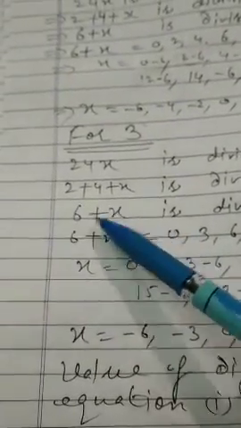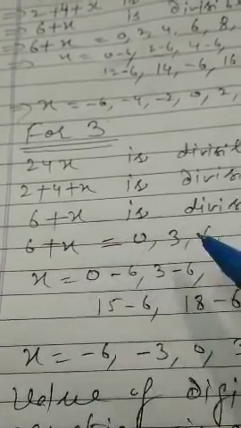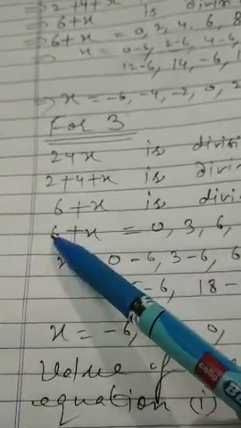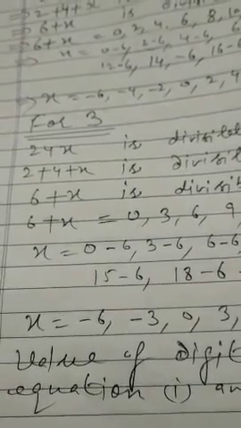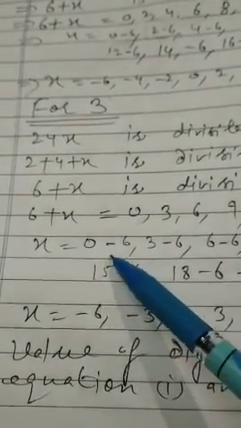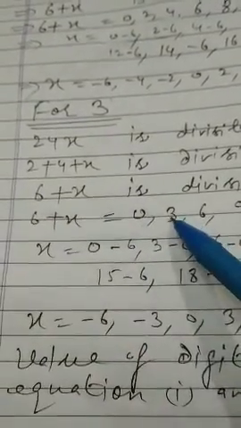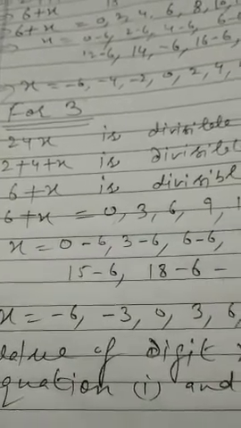Again you will get 6 plus x. Then in front of 6 plus x, write the multiples of 3 one by one. Then subtract 6 from each and every multiple of 3. You will get 0 minus 6, 3 minus 6, 9 minus 6, one by one.